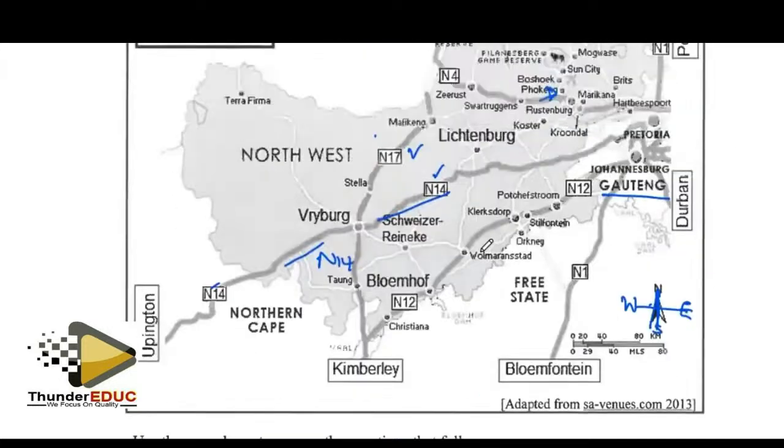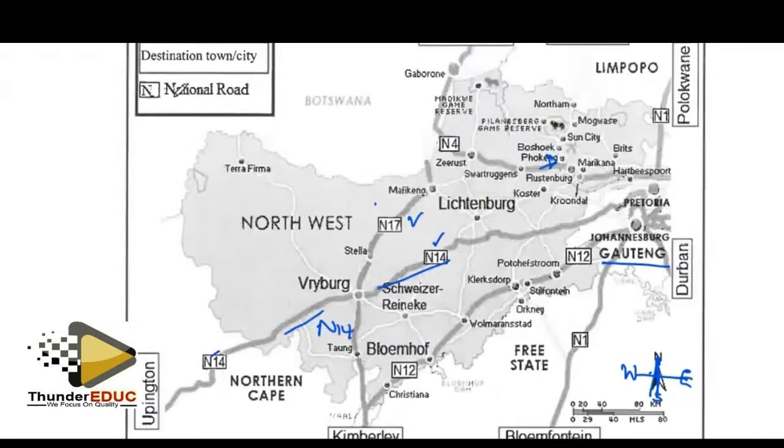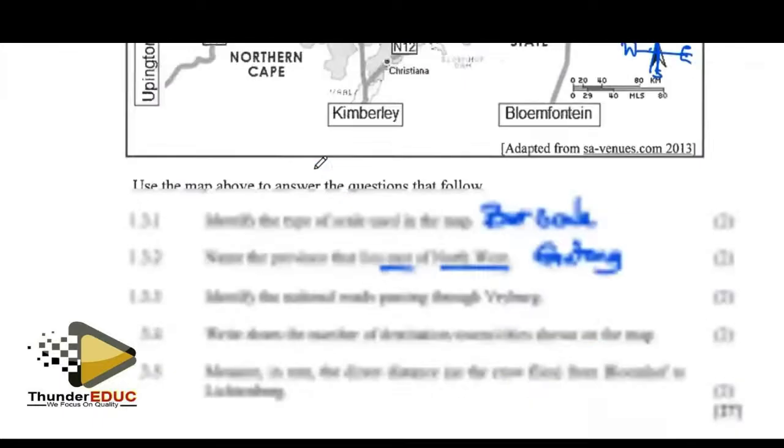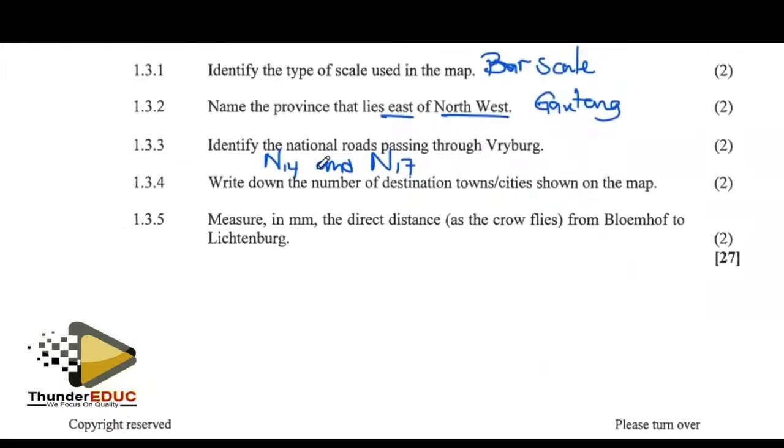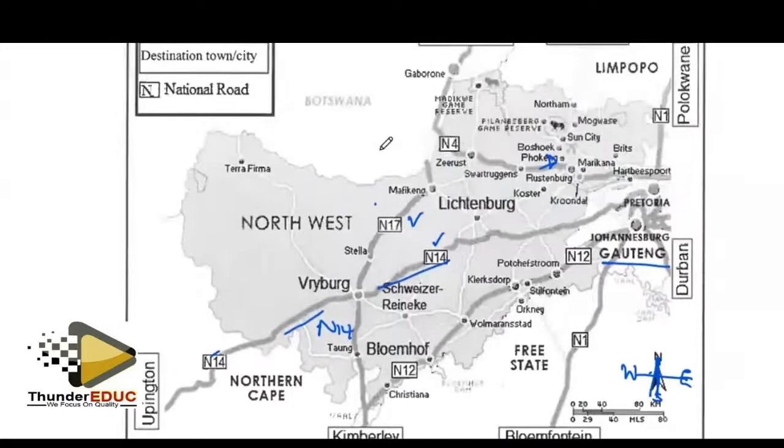Now, if you don't know that, most questions have a key together. They're saying write down the number. They didn't say mention, but they said write down the number of towns / cities. So whatever word we find in a box like this, you just know it's a destination town or city.